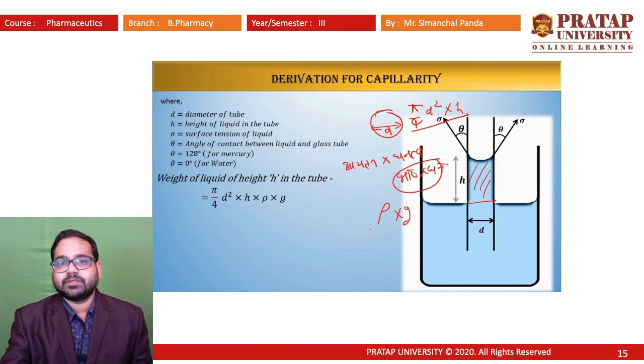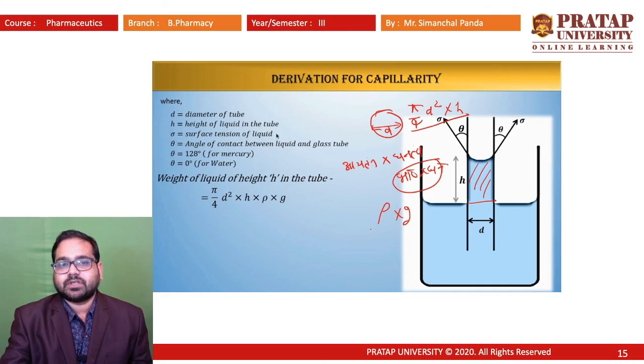For the derivation of the capillary rise, the angle of contact here is theta, the upward force acts up to the height h, and the diameter d is written as 2r.